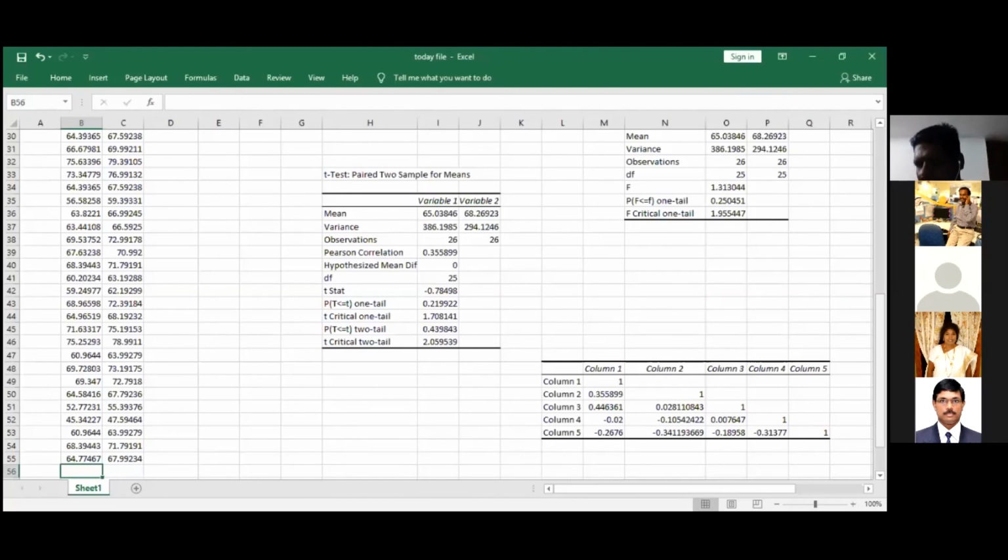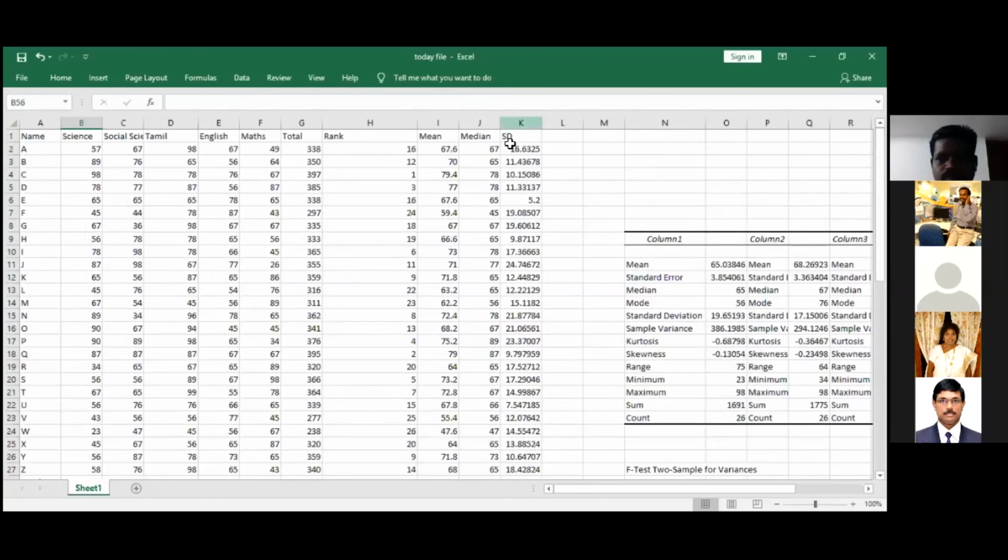For standard deviation, I go for the formula.